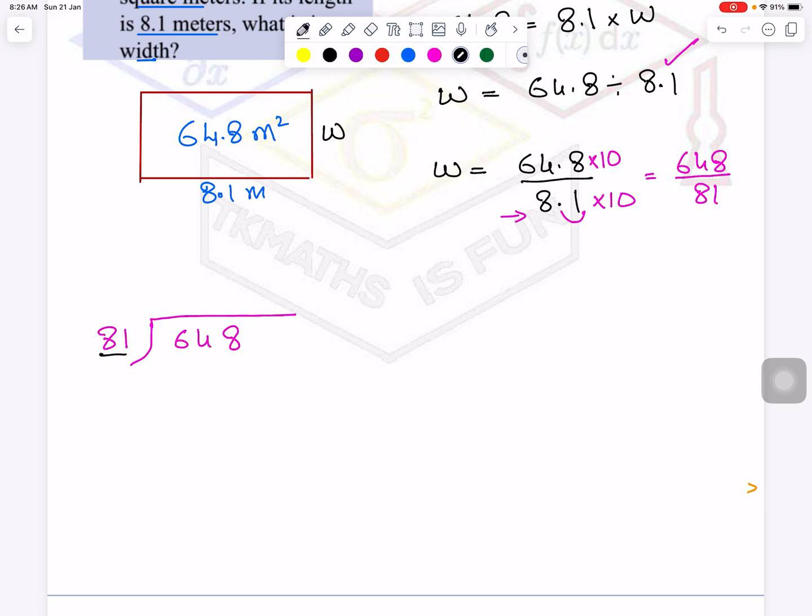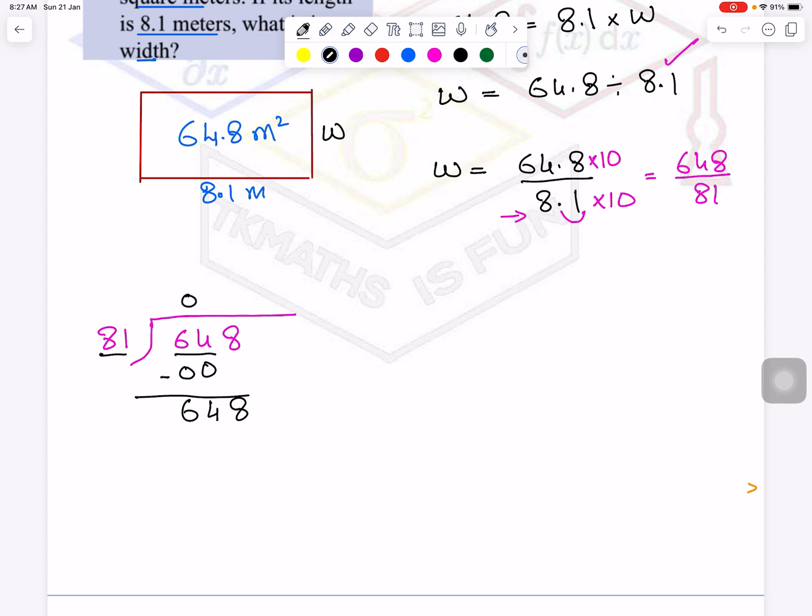If I see a 2-digit number, it is 64, which is less than 81, right? So 81 times 0 is 0. Okay, so it means it will be the same, and 8 I will bring down.